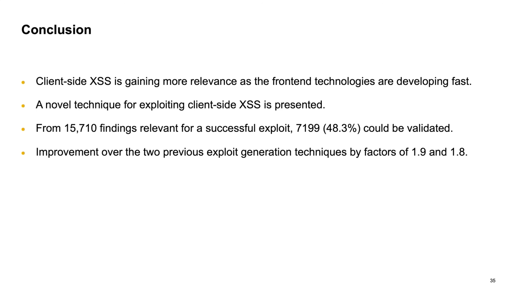By combining these three methods, 48.3% of the relevant flows could be successfully exploited. And this explains the reason why cross-site scripting is always present as one of the most critical web application security risks.